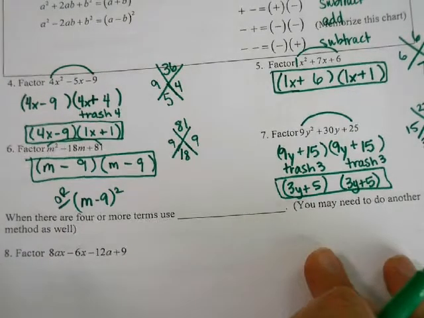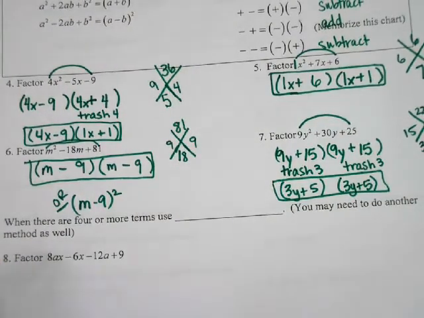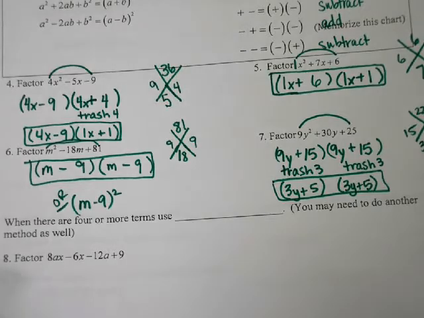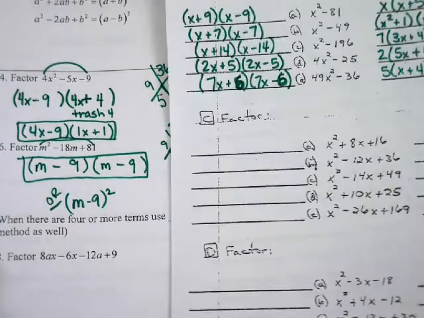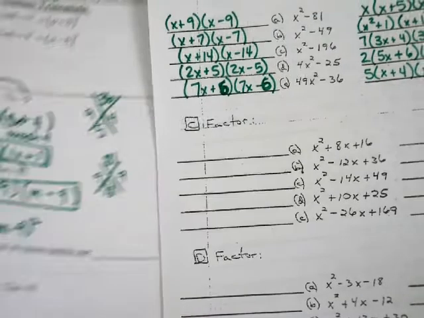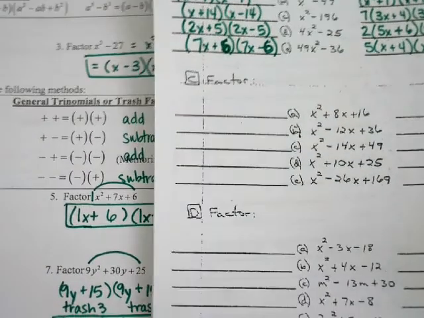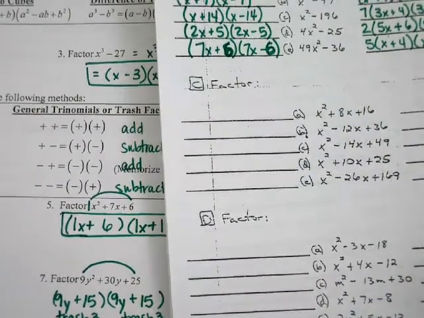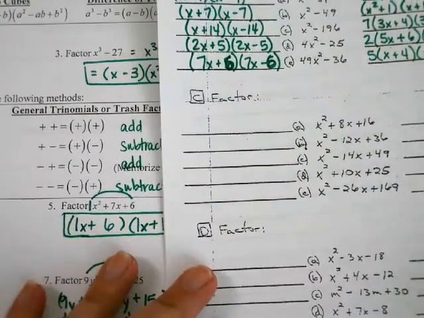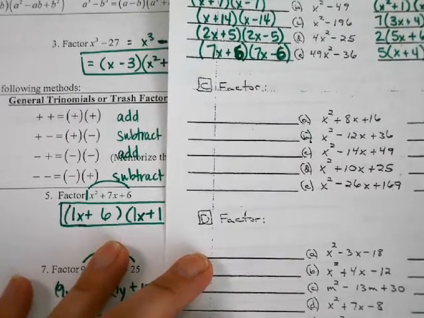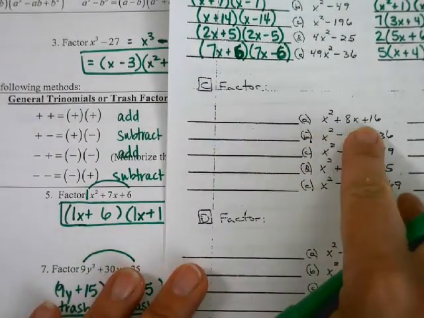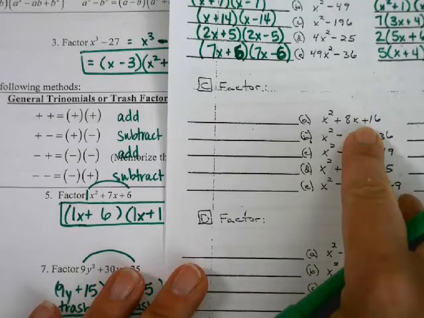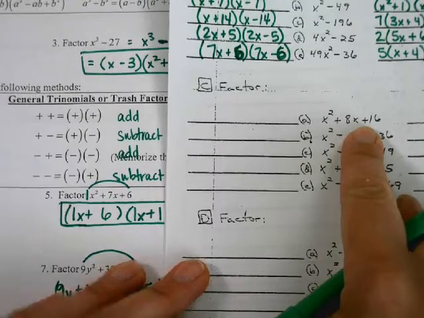All right, let's try some. So go back to your worksheet. We're in chunk C now. I'm going to put the sign chart right there so we have it right next to us. So I have x squared plus 8x plus 16. What are my signs going to be? Plus and a plus.